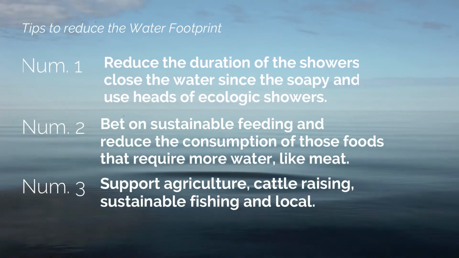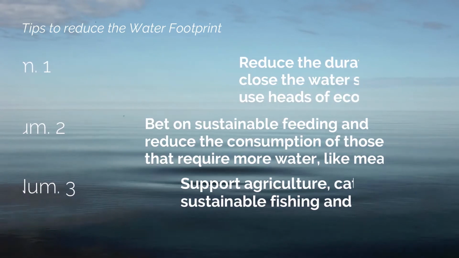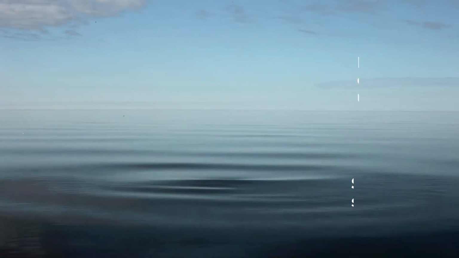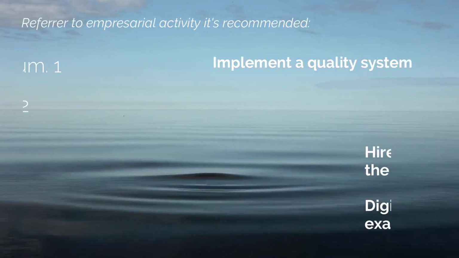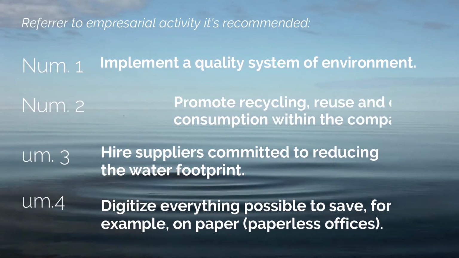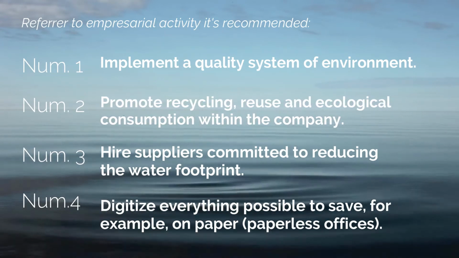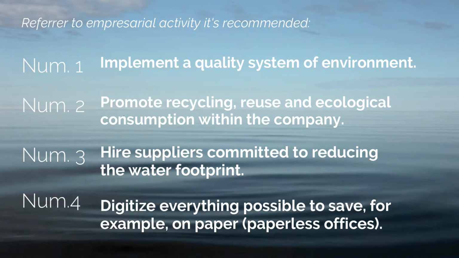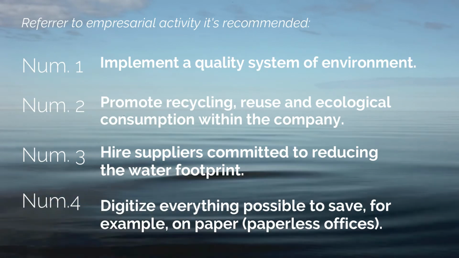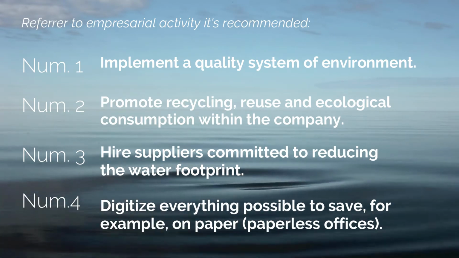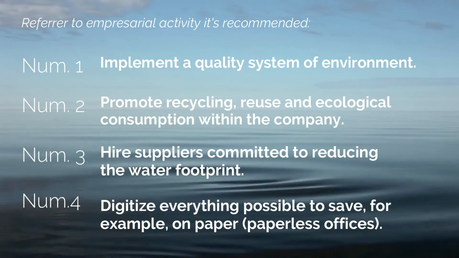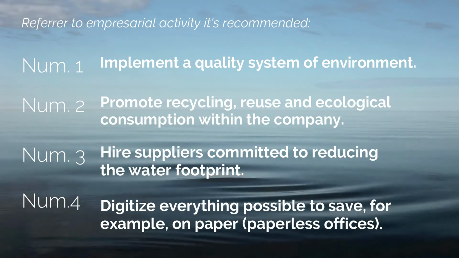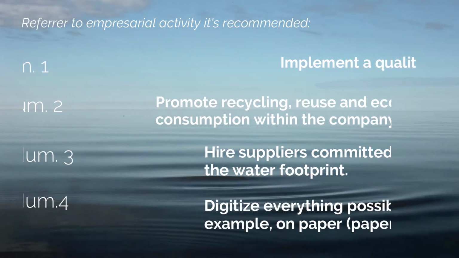Support agriculture, cattle raising, and sustainable and local fishing. On the other hand, in industrial activity, it is recommended to implement a quality environmental system, promote recycling, reusing, and ecological consumption within the company, hire suppliers committed to reducing the water footprint, and digitize everything possible to save, for example, paper.